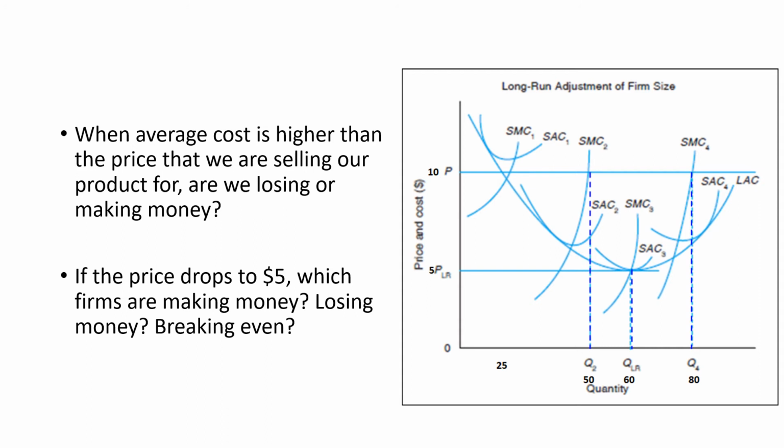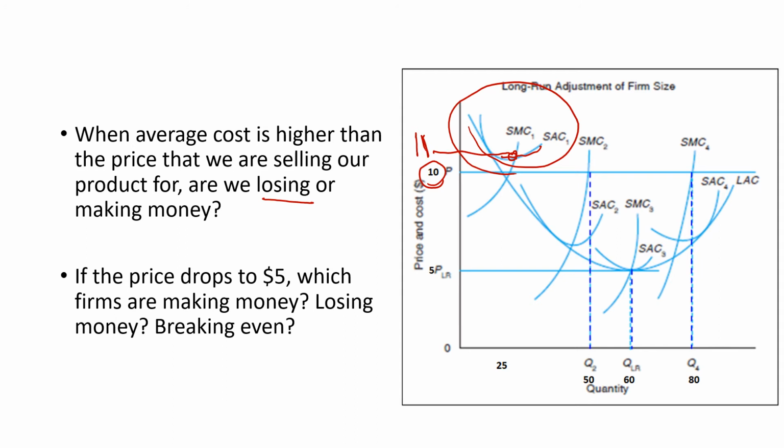When average cost is higher than the price that we're able to sell our product for, are we losing or making money? Well, that's what was happening with firm 1. Their average cost of production was greater than what they were able to sell their product for, so they were losing money. Their average cost was, we said, $11, and they were only able to sell it for $10, so they're going to lose money.